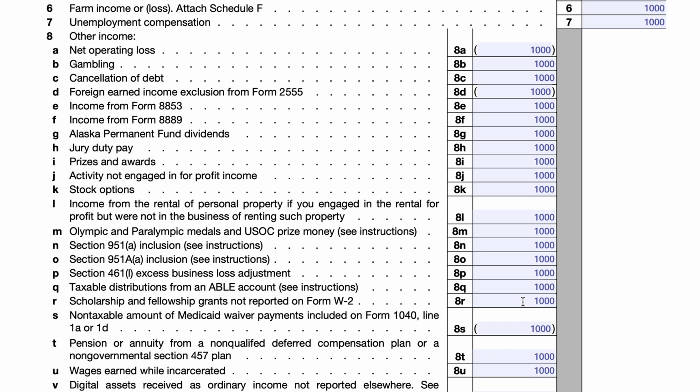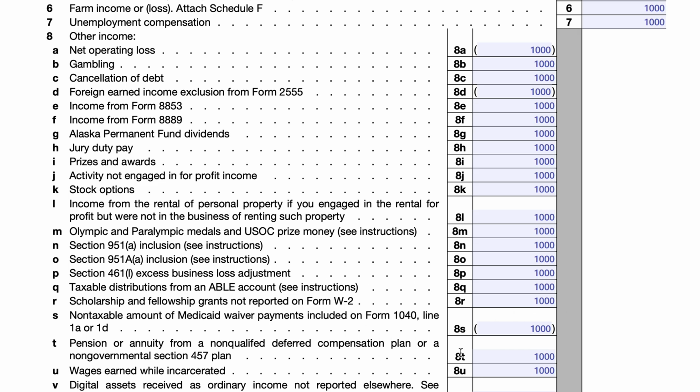So room and board or travel, you would enter those amounts here because the tax treatment covers direct education costs, not necessarily room and board.